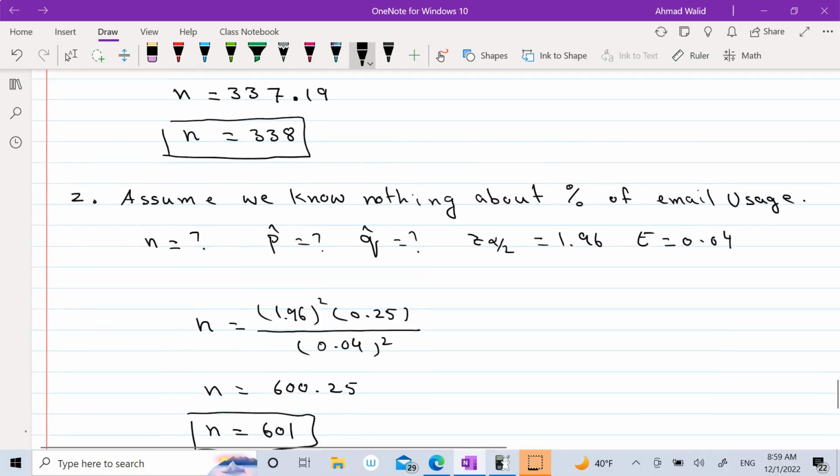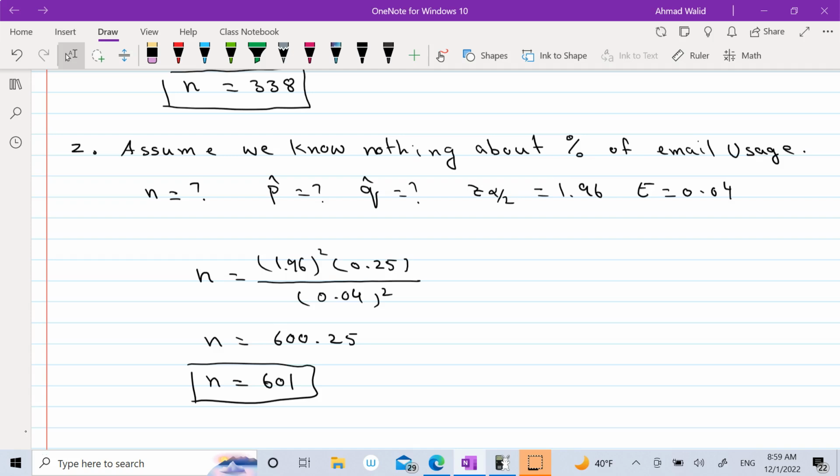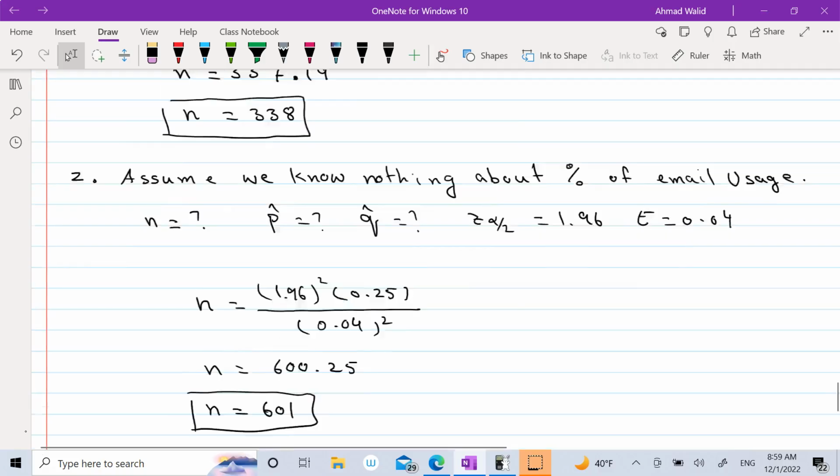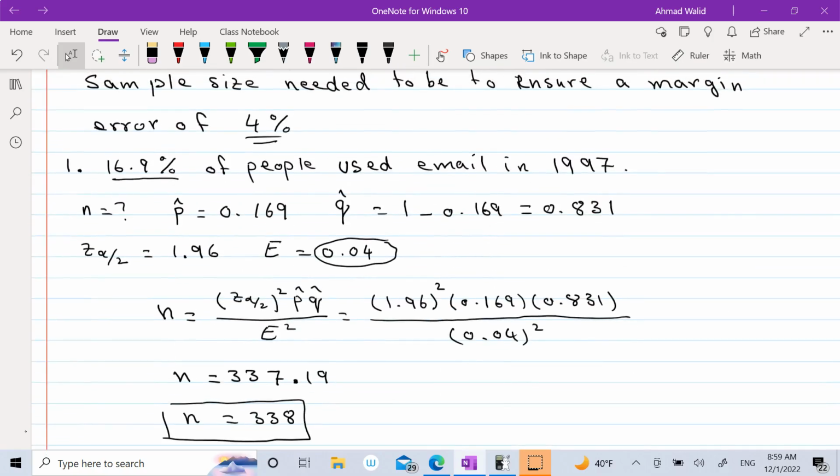There is a difference. There it's 338 for sample size, because we know exactly that 16.9% of people in 1997 used email, correct? We know exactly the probability of success.